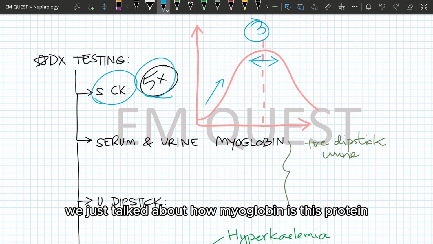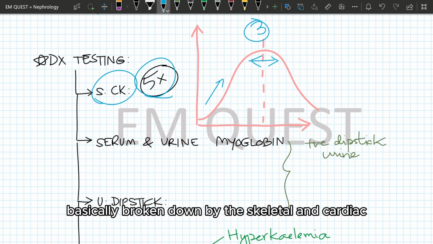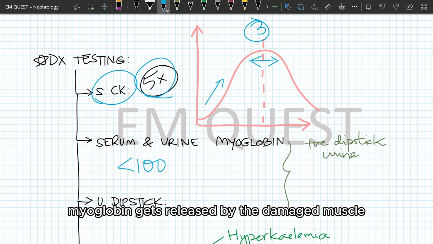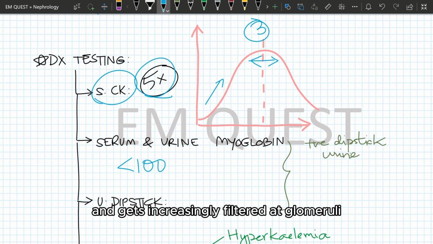So we just talked about how myoglobin is this protein that is basically broken down by the skeletal and cardiac muscles and is renally excreted. Now during rhabdomyolysis, myoglobin gets released by the damaged muscle and gets increasingly filtered at the glomeruli.